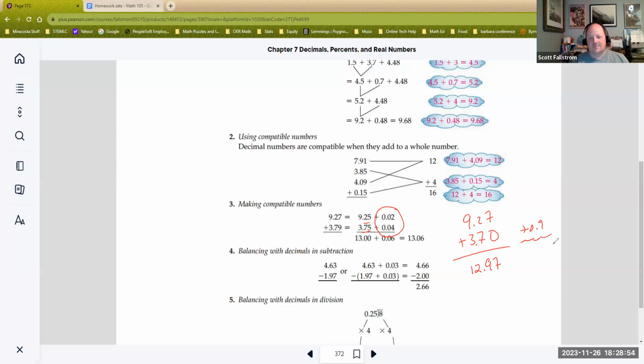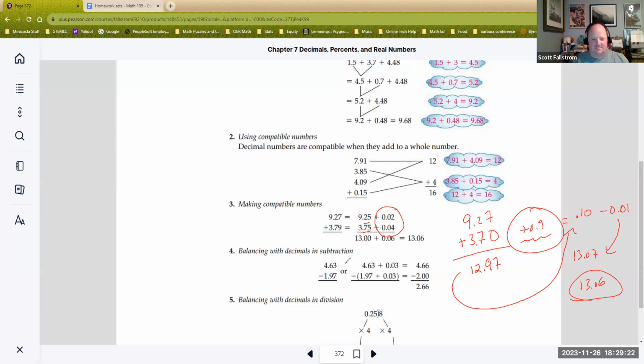And then I still need to add my 9 cents on. So I just basically saved the 9 cents in my head for a moment, but 9 cents is really 10 cents minus 1 cent. So watch, if you do this, you can come down here and take this, add a dime to it, and that gives you 13.07, and then take off a penny. Now it's quick and easy to take off the penny, and you get 13.06. Right?